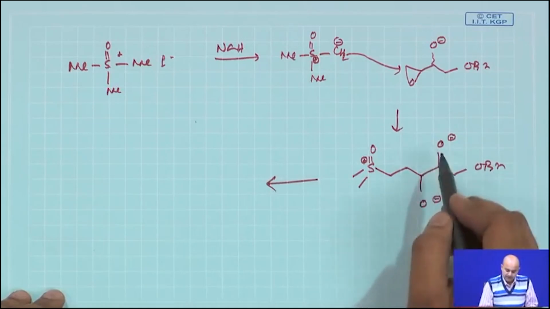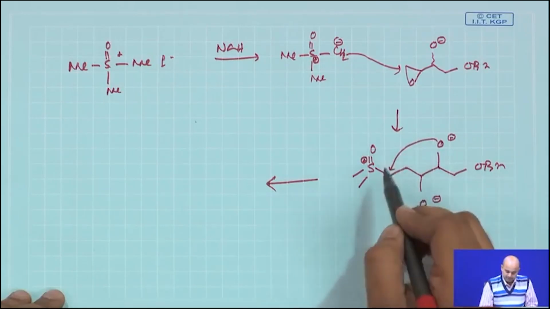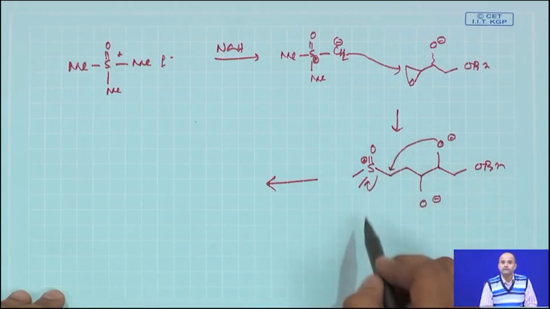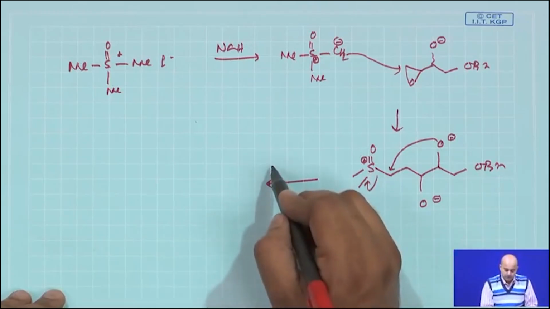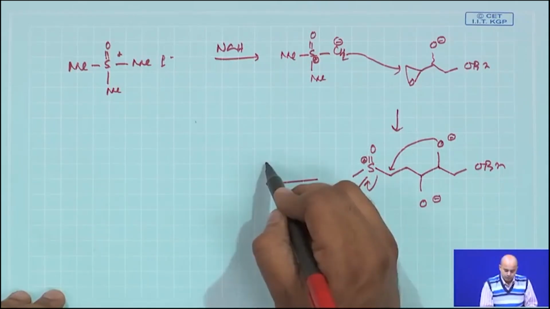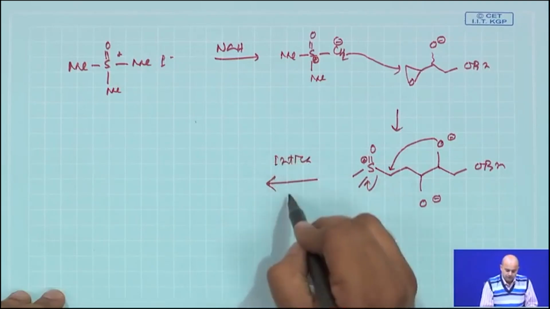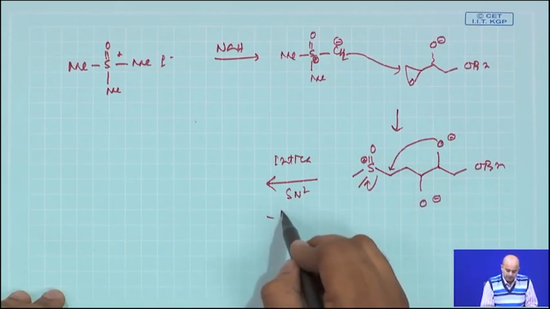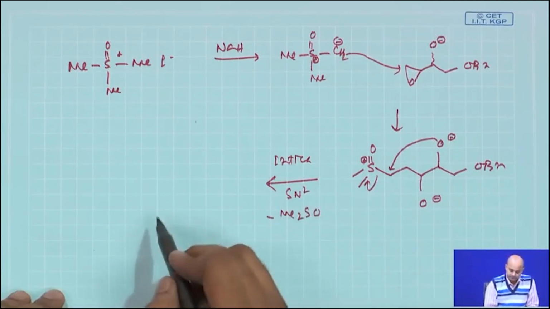Now, what I say? I say that if this O minus attacks at this carbon, the dimethyl sulfoxide will be leaving as a leaving group. Now, the dimethyl sulfur containing compound has a good leaving aptitude. So, now an intramolecular SN2 will take place, and that will leave your dimethyl sulfoxide as it is.